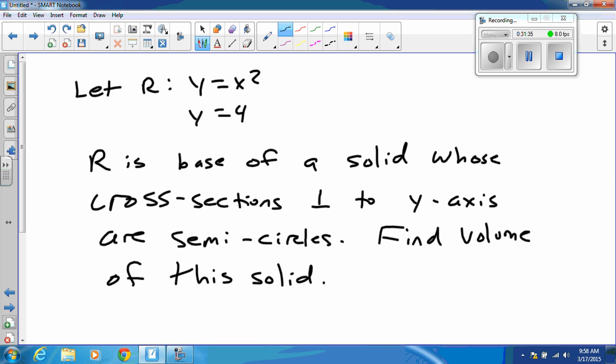Lydia asked a good question. Where are we getting the semicircles? We are getting semicircles coming out of the page, right? Because the cross sections are coming out of the page.